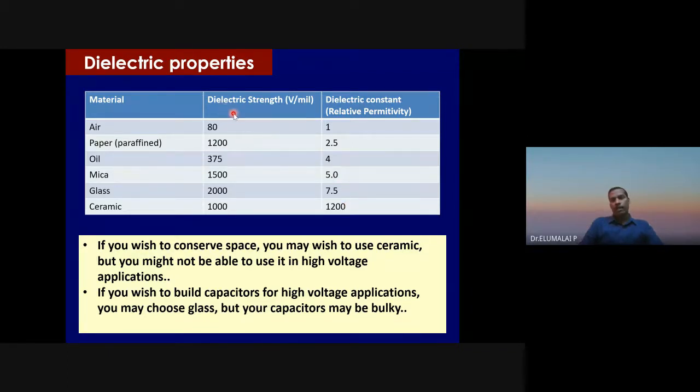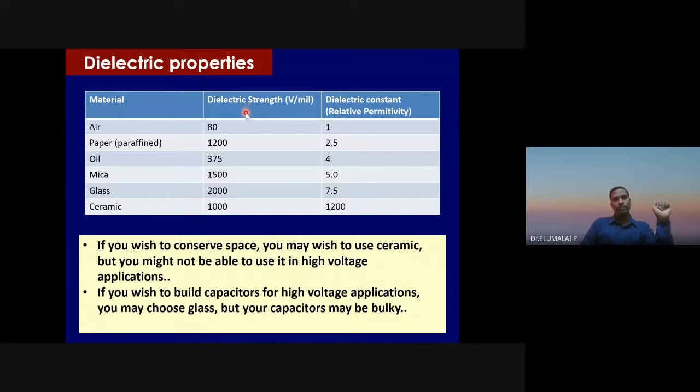So this dielectric constant and the dielectric strength are related. Excuse me, this should have been volt per meter only, not milli. Volt per meter. The dielectric constant is the ratio between the dielectric strength of a material to that of air. And the dielectric strength is nothing but the amount of voltage the material can withstand.